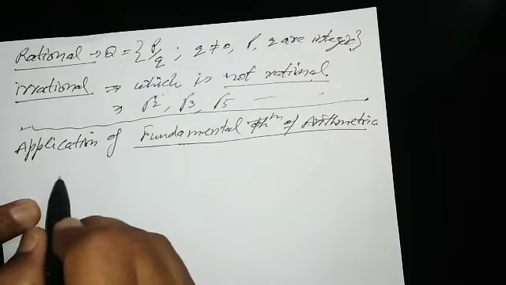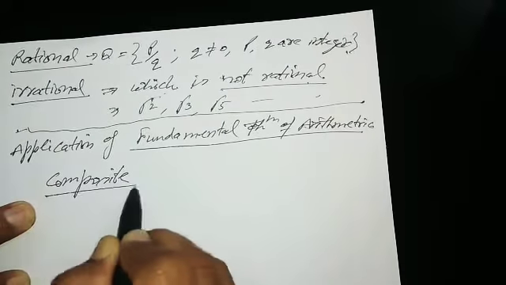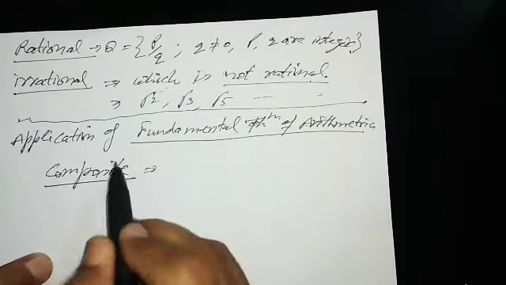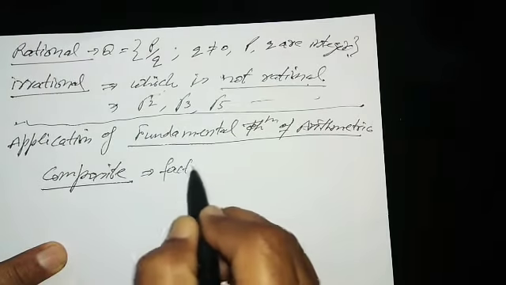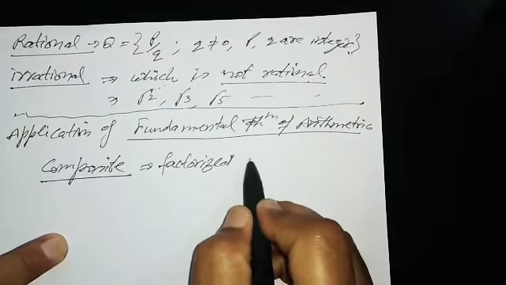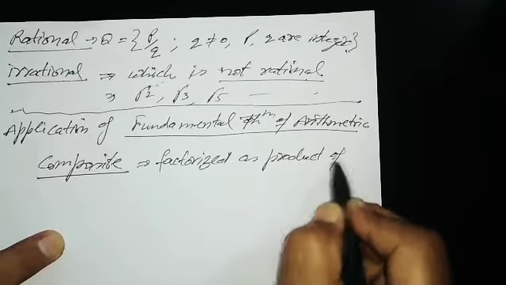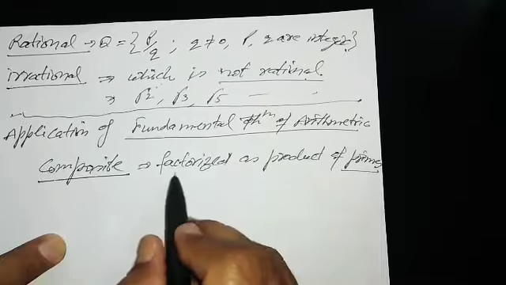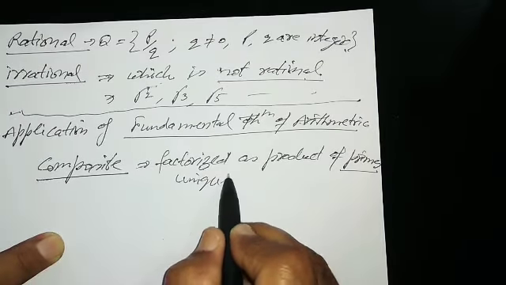Means any composite number, as you know prime numbers and composite numbers from my previous video, can be factorized as a product of primes, and the expression will be unique.